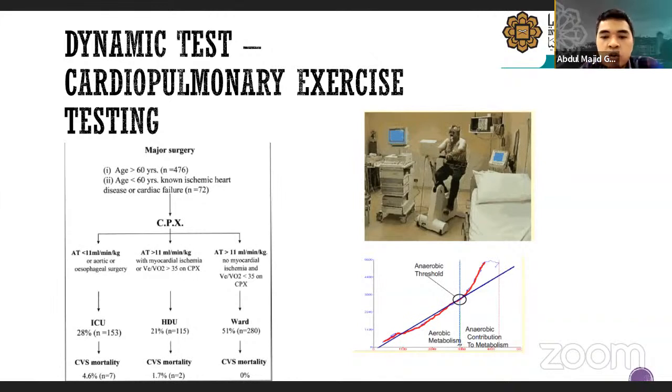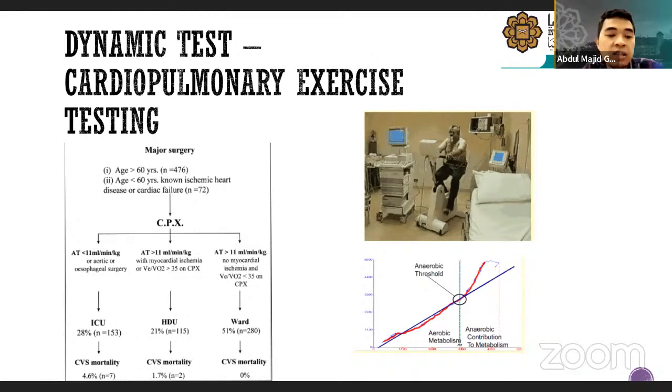What we want to sense is the anaerobic threshold, whereby we want to see the oxygen capacity and delivery to the patient in a stress condition. As you can see on the left side, if a patient has an anaerobic threshold less than 11 ml per minute per kilo, the patient needs to be admitted to the ICU and has a very high mortality of up to 4.1%.